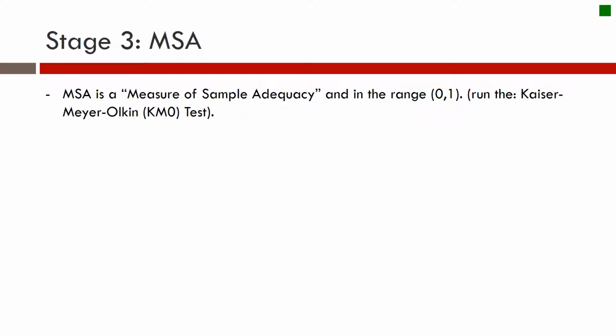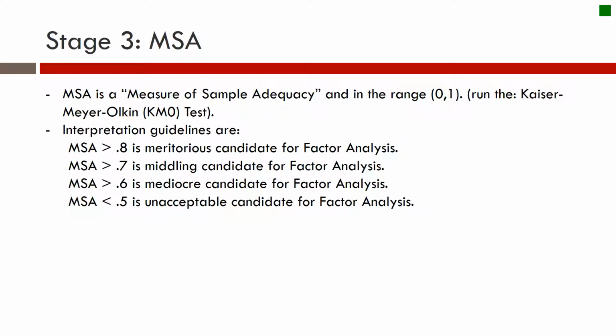The KMO test, the Kaiser-Meyer-Olkin test, is what you would often see reported. So the Bartlett test and then the KMO is the other test. And the KMO, again, is a little bit stronger of a test. The interpretation guidelines then would be something greater than 0.5, again, is what you want.